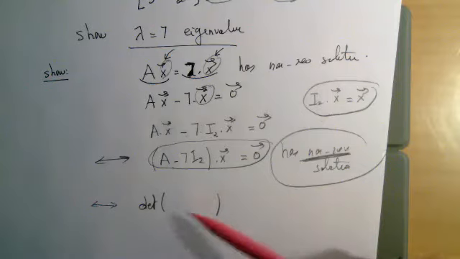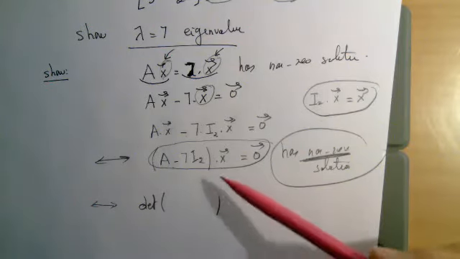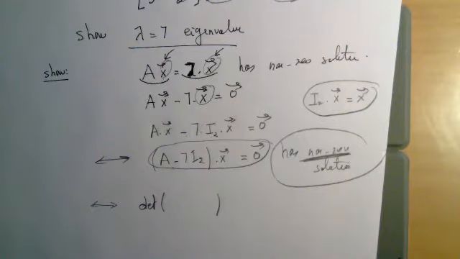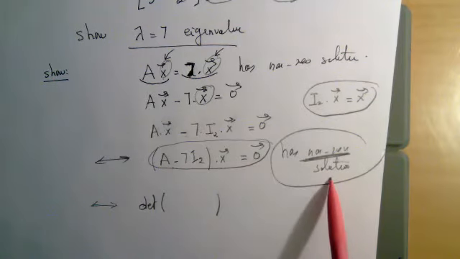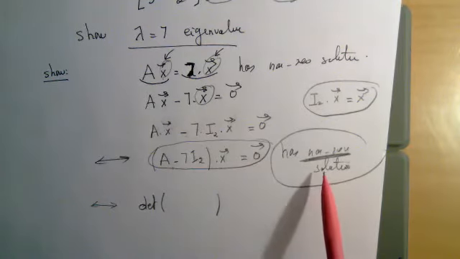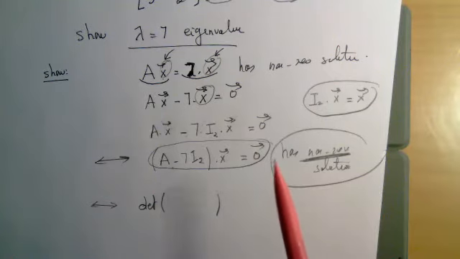Who can fill in the details now in terms of determinant? I want this homogeneous system to have a non-zero solution. So in terms of determinant, how can we rewrite that?